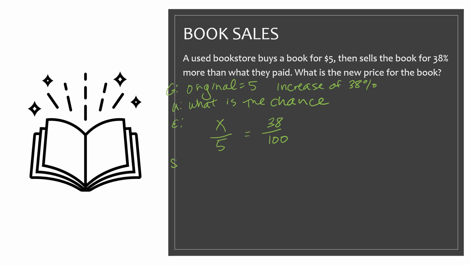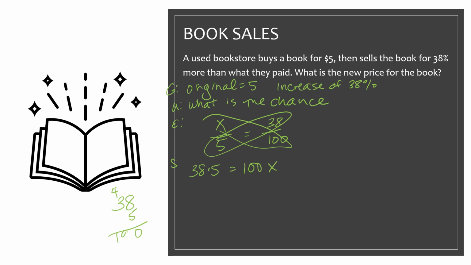So I'm going to solve that, and I'm going to crisscross, and I'm going to say it's 38 times 5 equals 100x. Guess what? I don't know how to do 38 times 5. So I'm going to go over here and say 38 times 5. 8 times 5 is 40. 3 times 5 is 15, 16, 17, 18, 19. 190. So 190 equals 100x.